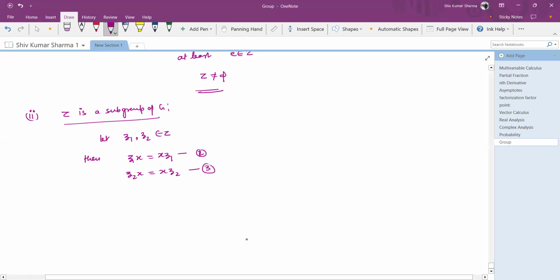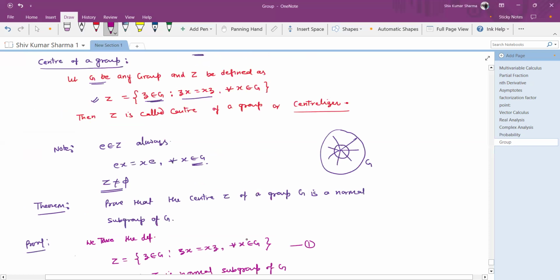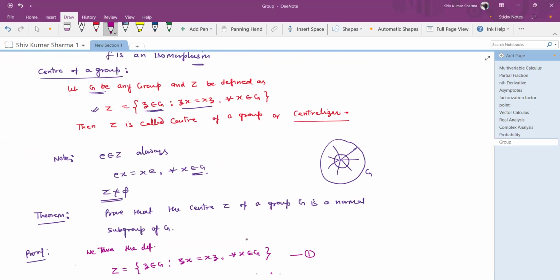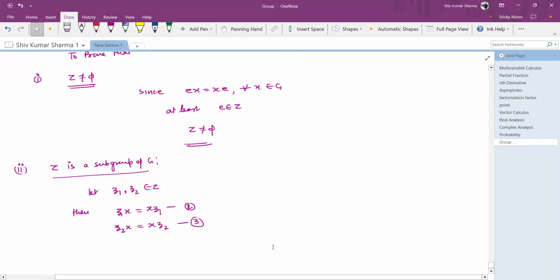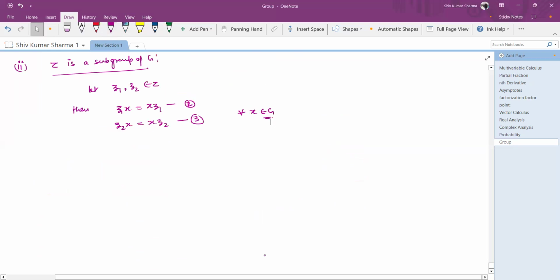By using the definition of center of a group, as z belongs to Z, zx equal to xz for every x belongs to G. Now by using equation number 3, we write z2x is equal to x into z2.